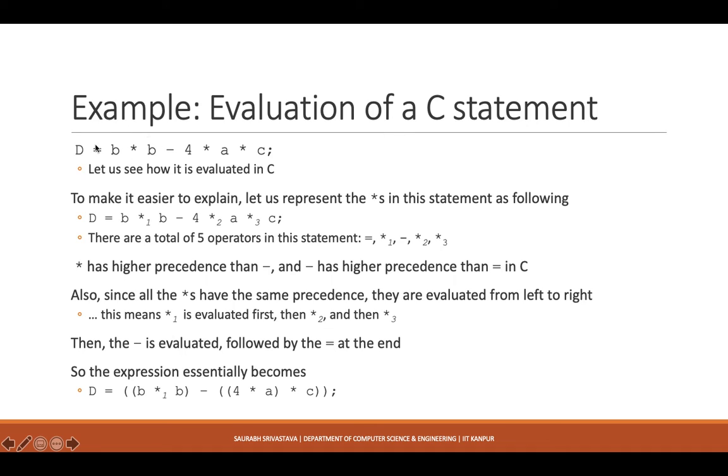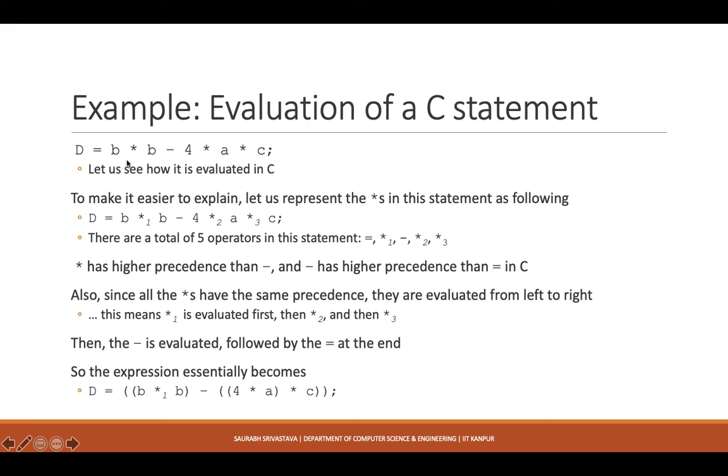By the way, equal to is on the leftmost side, but equal to has precedence lower than both asterisk and minus. So the first thing that C looks at is the precedence. The precedence of asterisk is higher, but now it realizes that there are three asterisks, and which asterisk to evaluate first? The first asterisk from the left gets evaluated first, then the second, then the third.